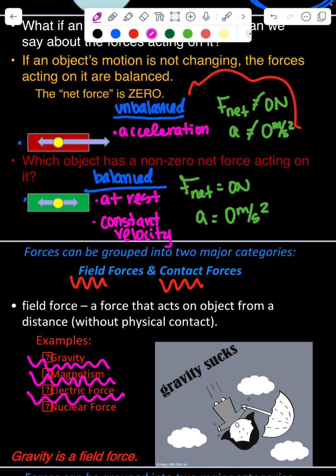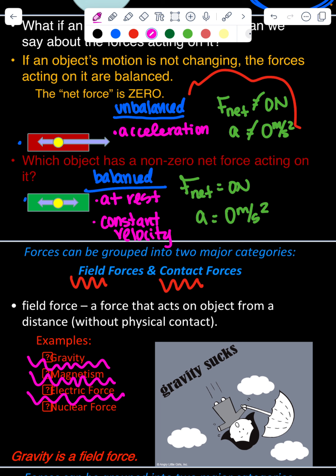But if I am standing 3 stories high, I am not on the surface of the earth, but I'm still feeling the effects of gravity. If I jump out of a plane, I am not on the surface of the earth, but I sure am feeling the effects of Earth's gravitational pull. So that gravitational force is definitely a field force.